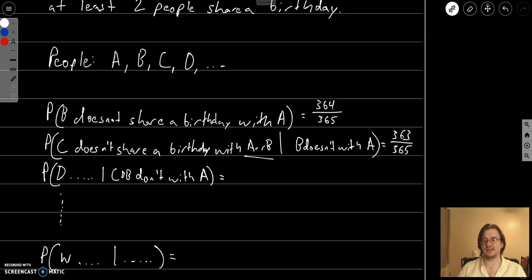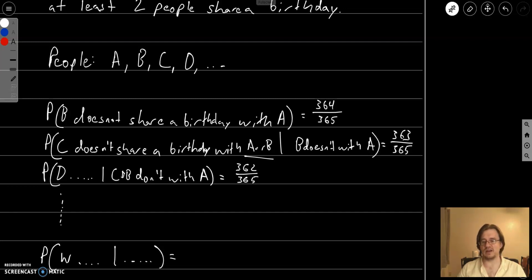D, again, provided that we know that all of the first 3 people don't share a birthday, what's the probability that D doesn't share a birthday with any of them? Well, all 3 of these people have a birthday, so now there's only 362 days left.